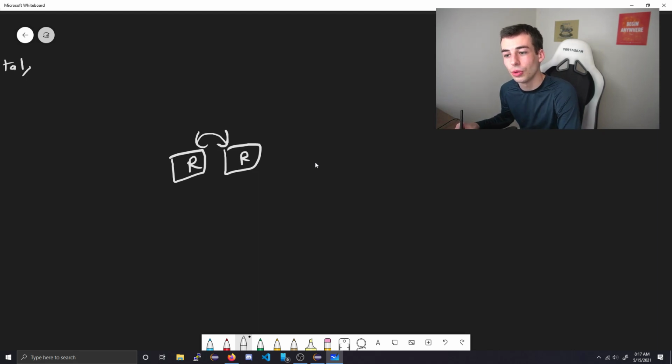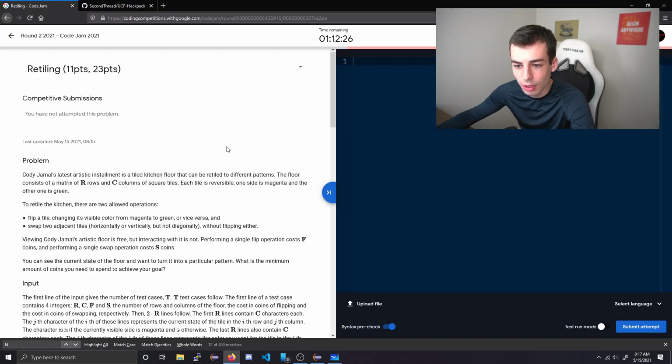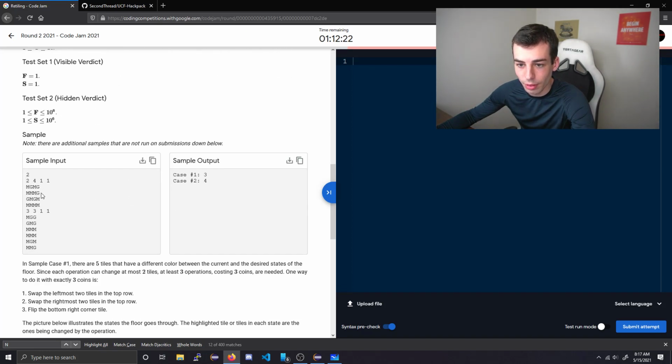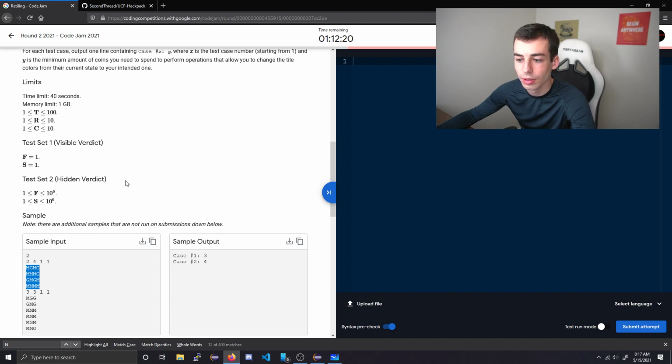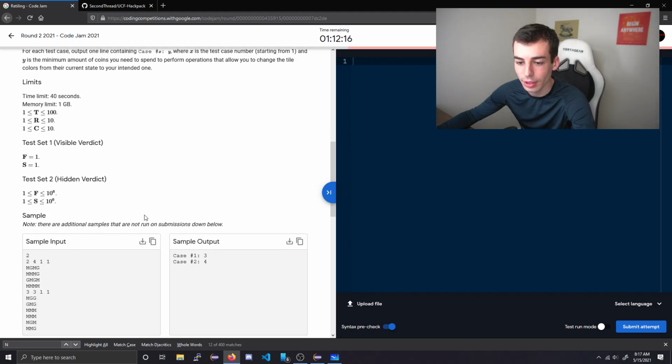You only swap two things if, ooh, wait a minute. If we have a green here, and then a red, and then a red. Wait, what do we need to do? We need to convert it from this into this. 2x4, yeah. Convert one into the other.